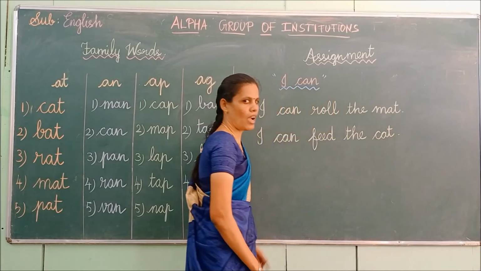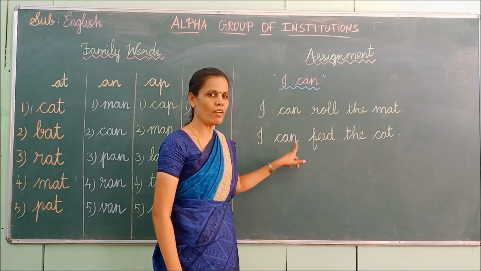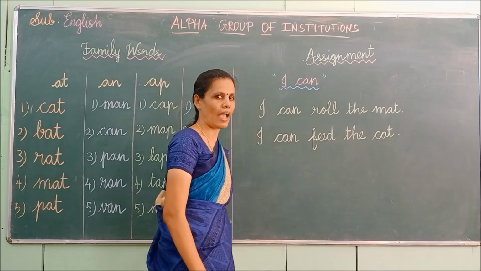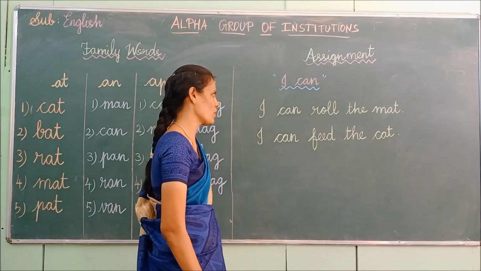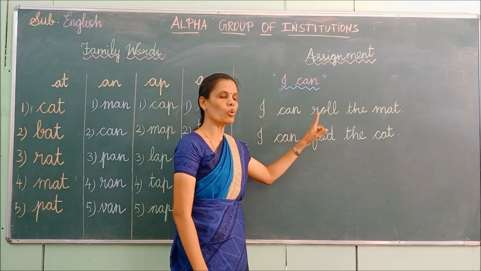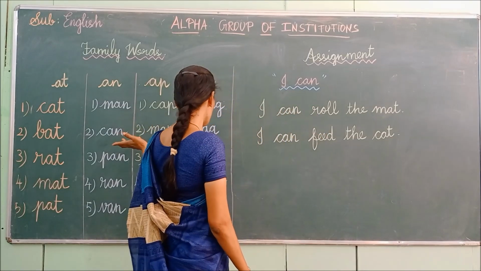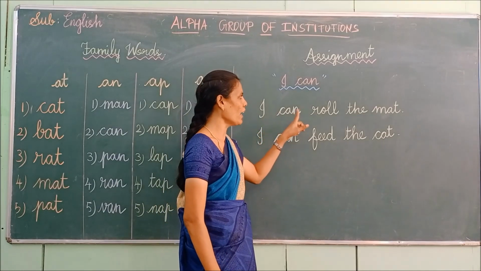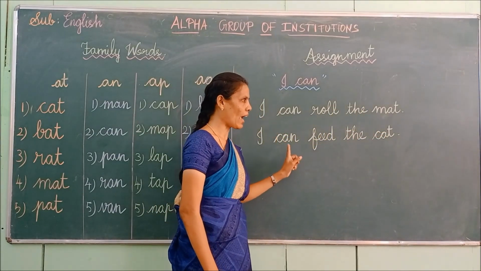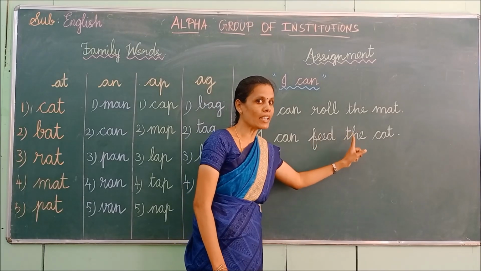Cat. I can feed the cat. With the help of "I can", I have written two sentences from these words. I can roll the mat. I can feed the cat.